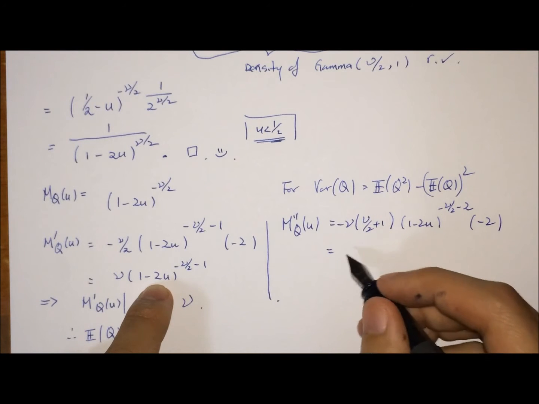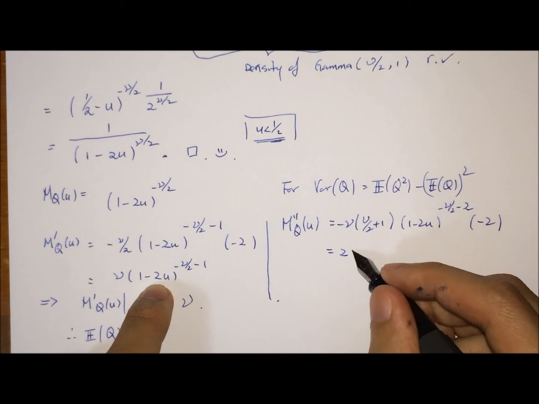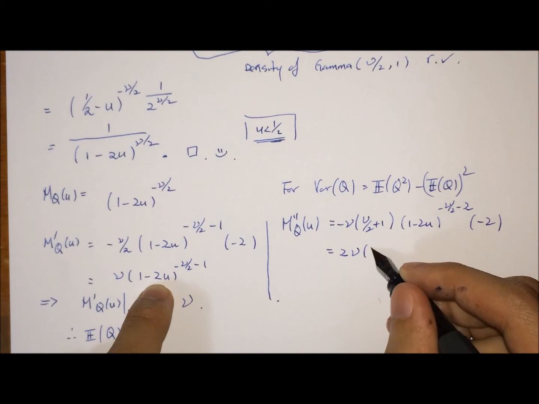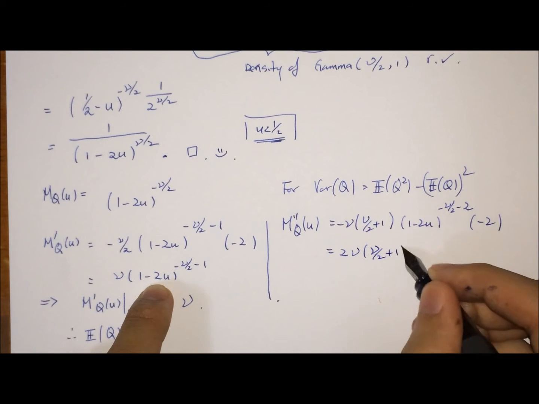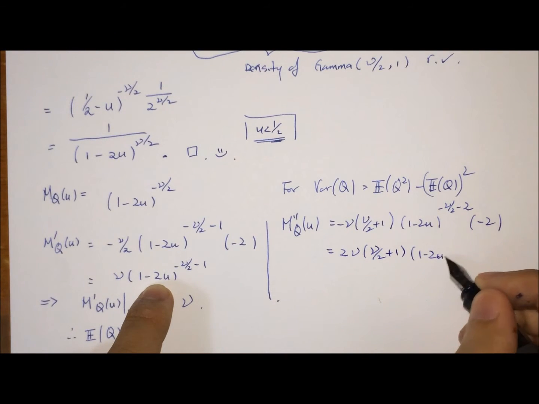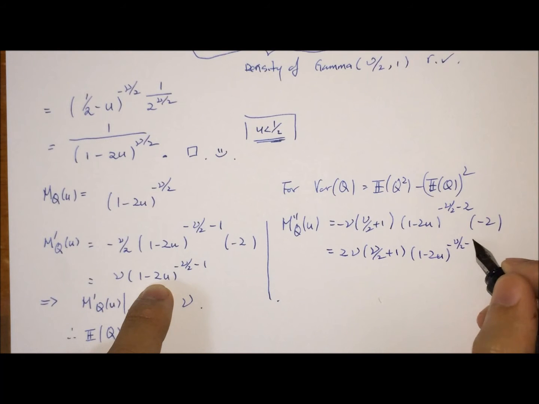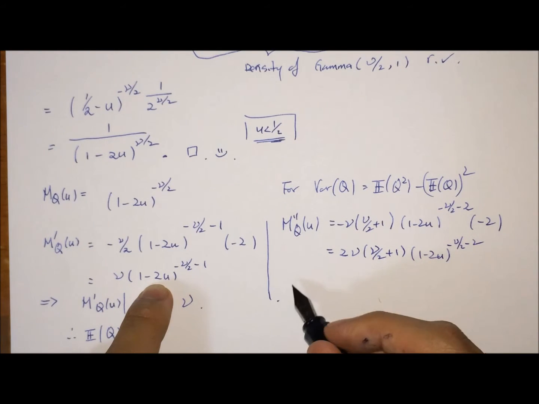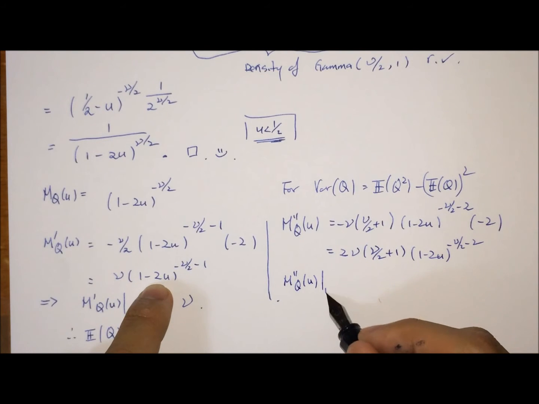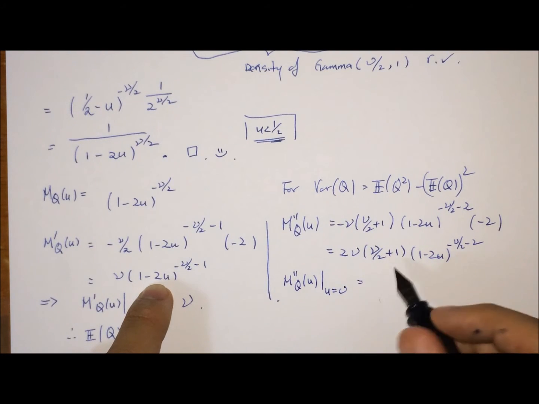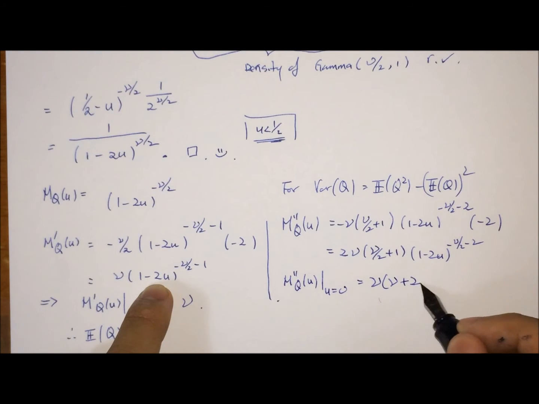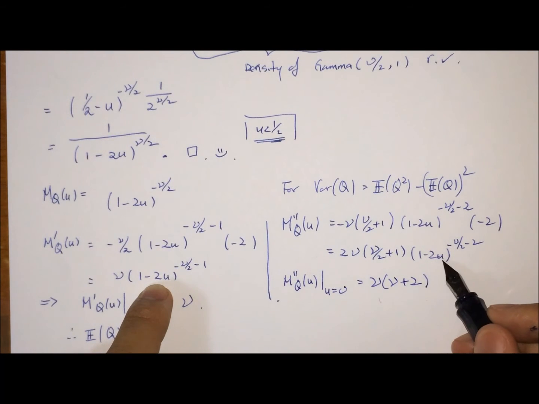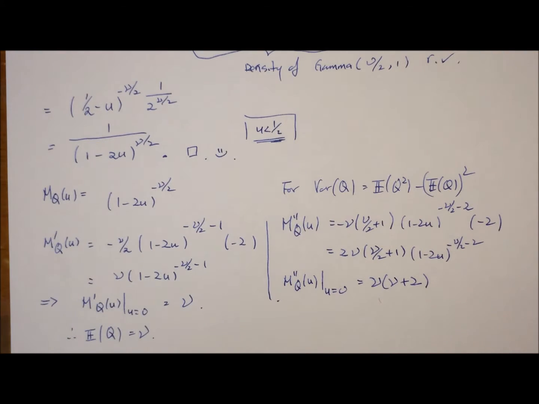So the minus is going to cancel off, so I get 2 nu on 2 plus 1, 1 minus 2u to the minus nu on 2 minus 2. Right, of course, now you see that the second derivative of the moment generating function at u equal to 0 is equal to, say, nu plus 2. Right, since when you substitute u equal to 0 here, this will be 0.